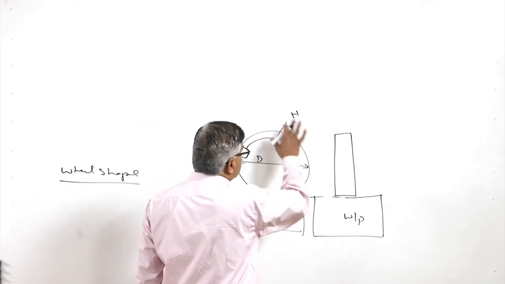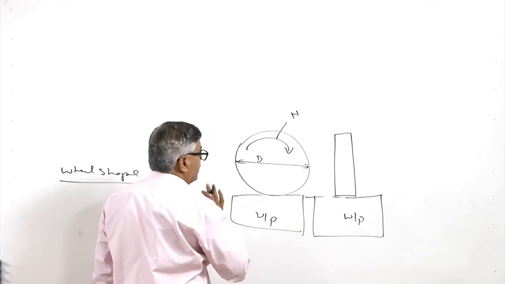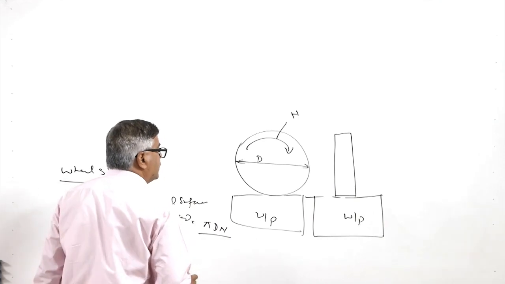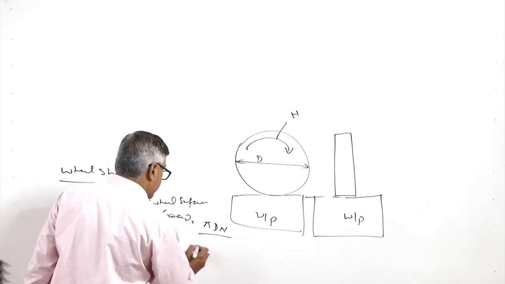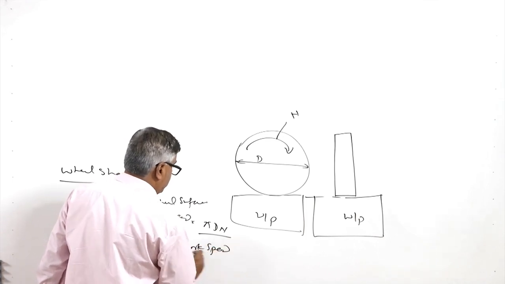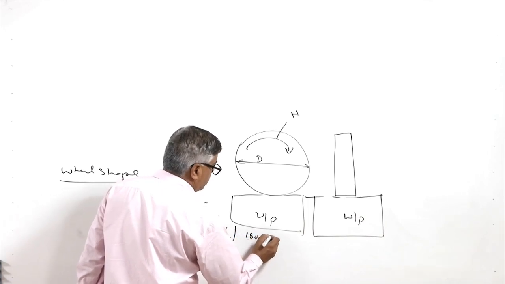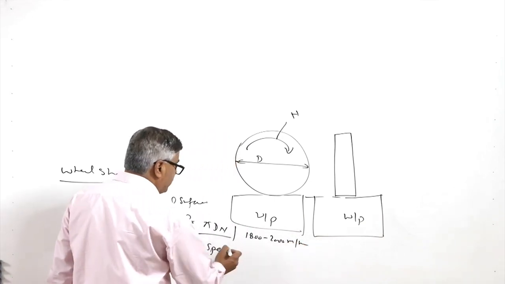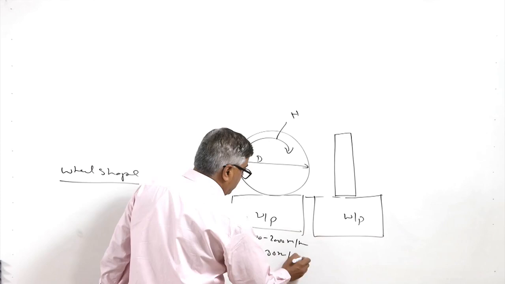Against the rotating grinding wheel, the workpiece is fed past the grinding wheel at a certain speed. That is what is termed as the work speed. Wheel speed is say like 1800 to 2000 meter per minute, while the work speed is limited, like 20 to 30 meter per minute.